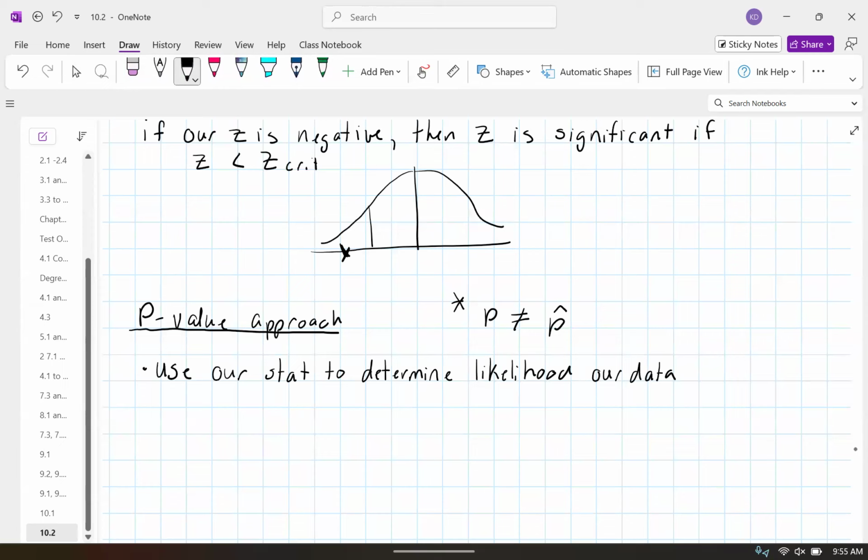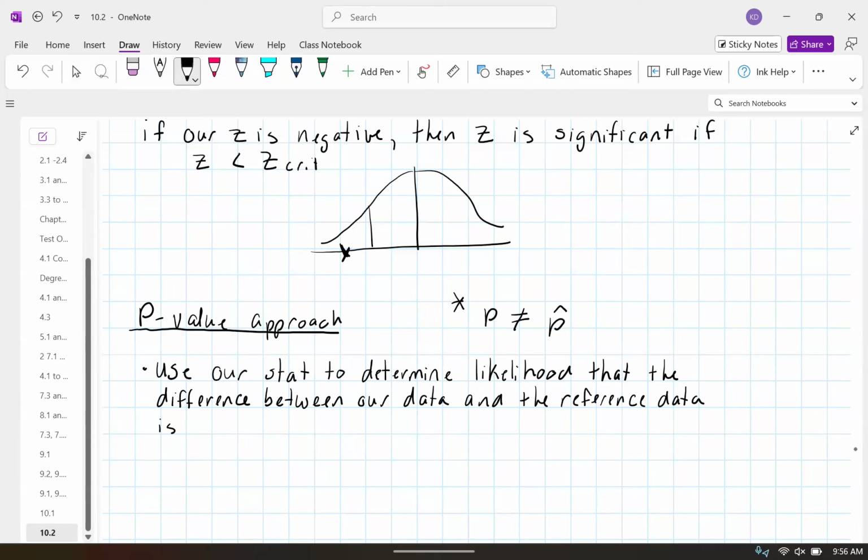Hang on, I left out a word in my notes. So we're looking at the likelihood that our data is just due to chance.